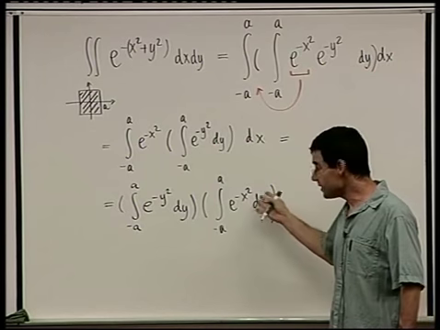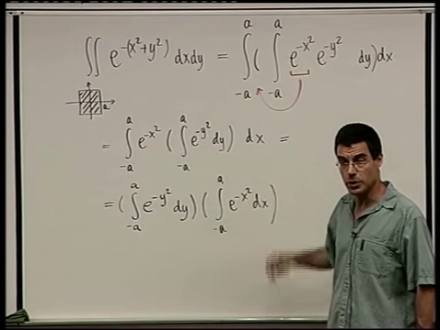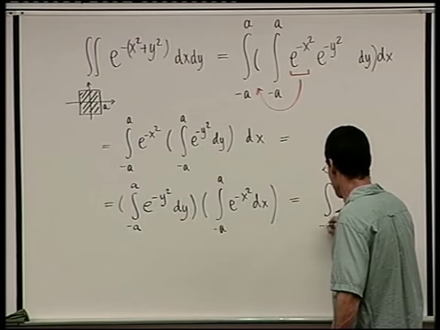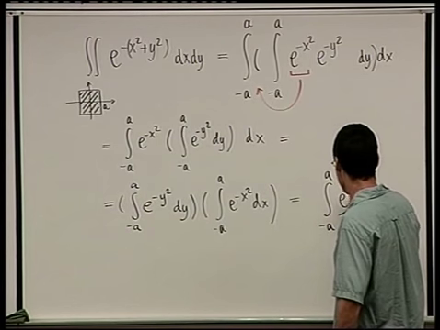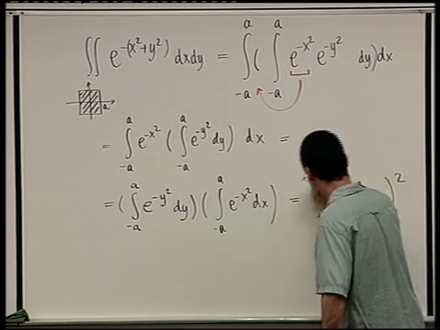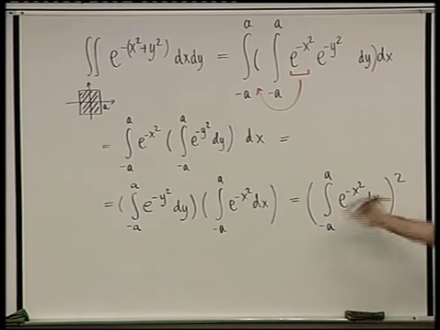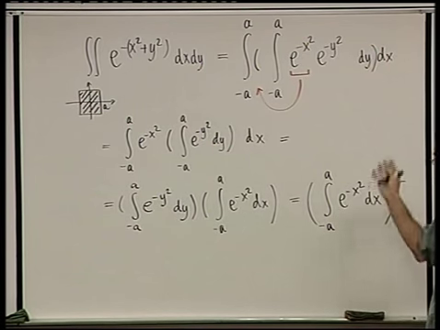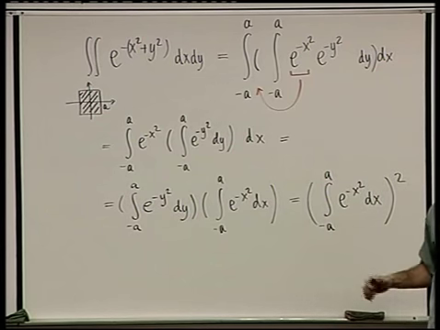Do you agree that it's the same number? It doesn't depend on what you call the letter. So this equals the integral from minus a to a of e to the minus x squared dx, squared. It's whatever this number is squared, and it doesn't depend on whether you call the variable x or y or theta or t. Do you agree? Good?